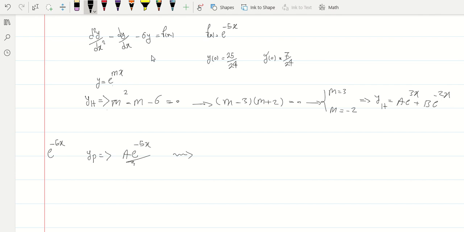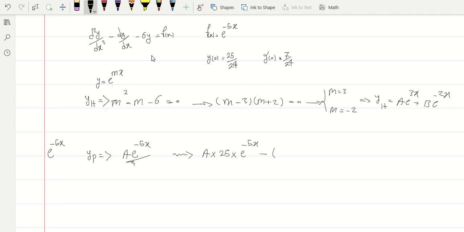What is the second derivative of e to the power of minus 5x? It would be a times 25 times e to the minus 5x, minus, what is the first derivative of this one?